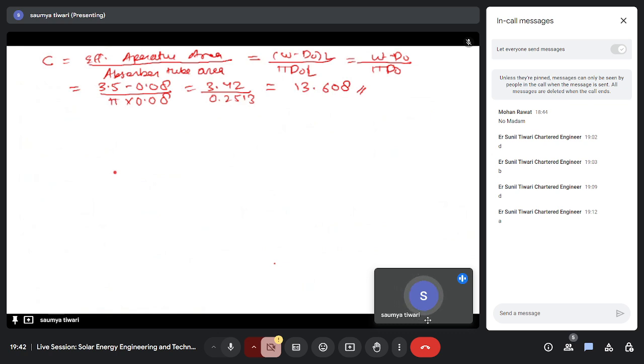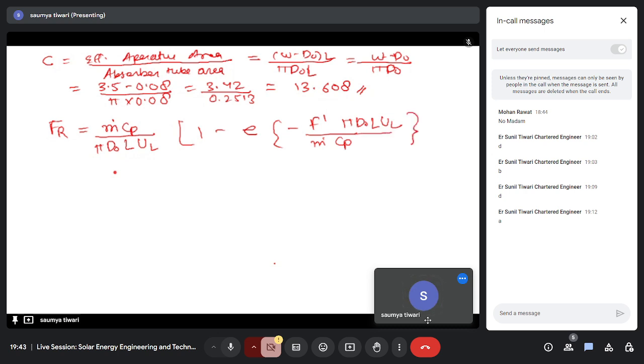Now, what will be your heat removal factor? For that, know the formula. It will be m dot cp upon pi D naught L into overall heat loss coefficient, into 1 minus e to the power minus of F dash upon this factor m dot cp upon pi D naught L into UL. So this is the formula for FR. We don't know the F dash value, the collector efficiency factor.